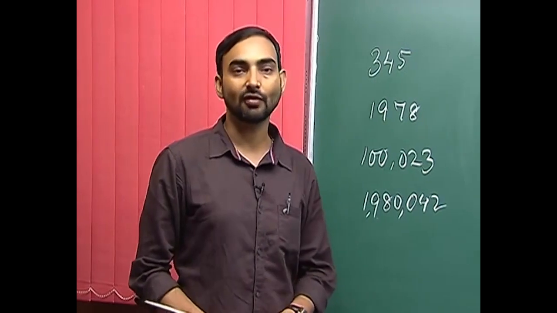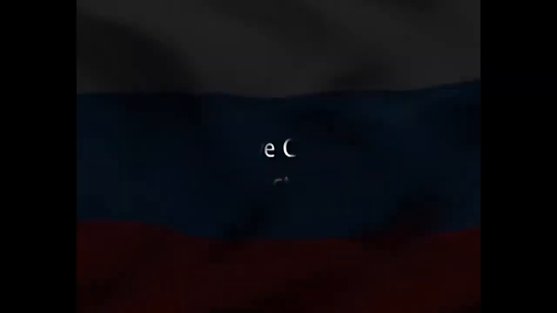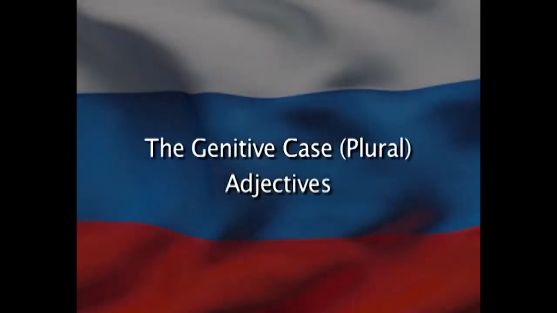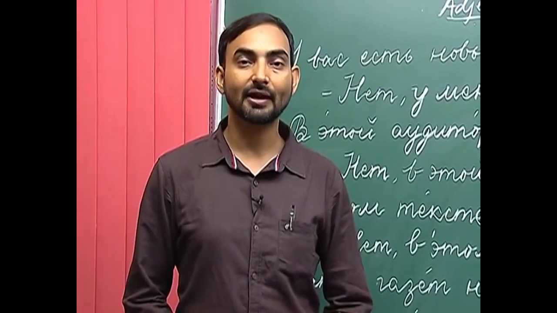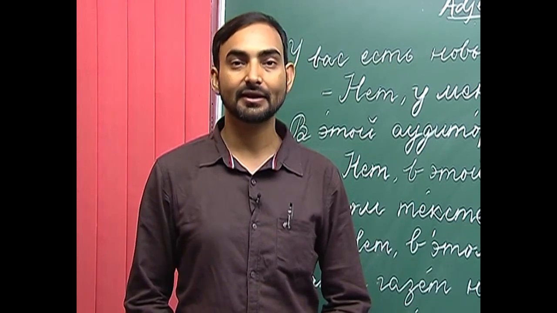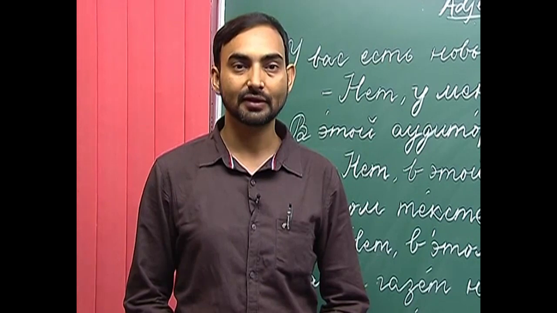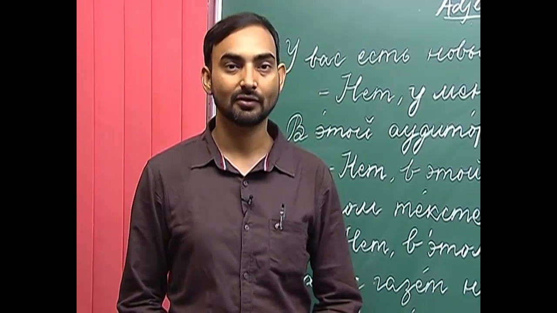So, let us move on to the topic we are going to learn today. The topic we are going to discuss today is adjectives in the genitive plural. How are adjectives used in the genitive plural?